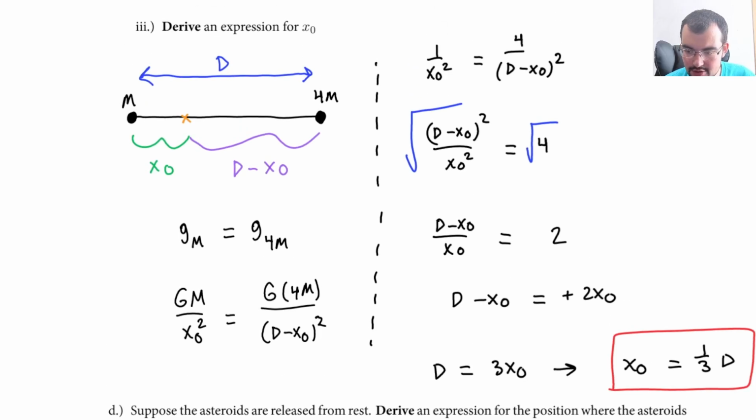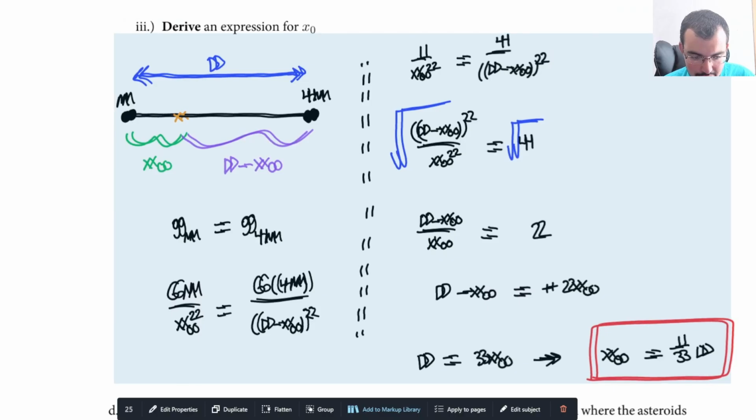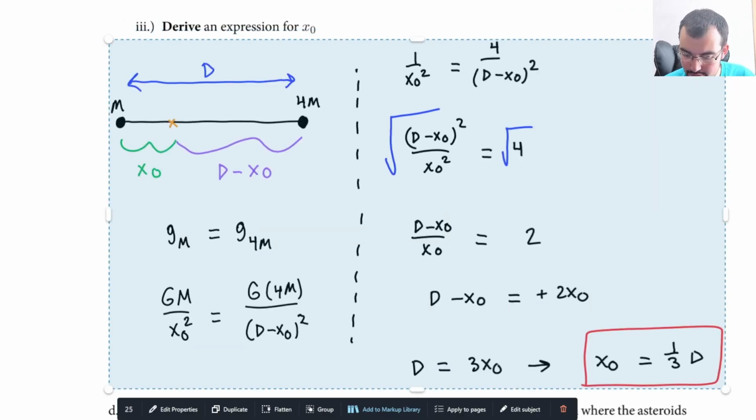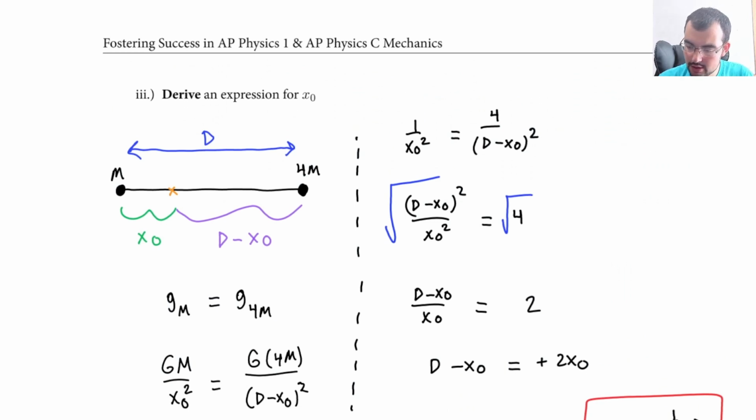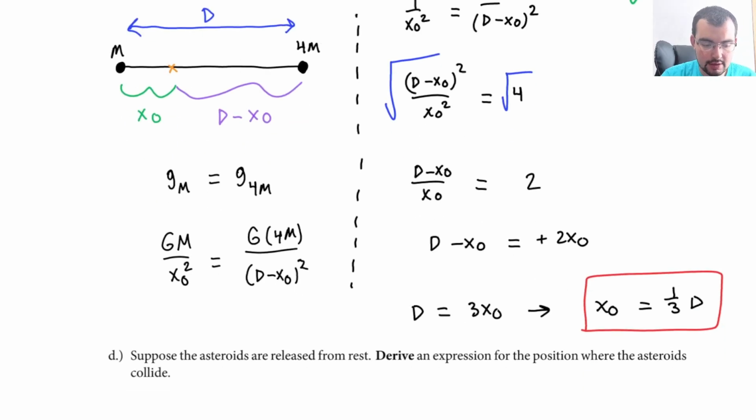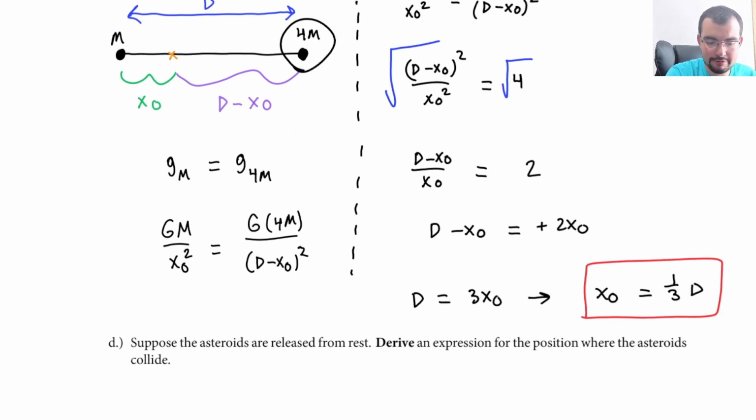So I said there's a clever ratio approach to this because that was a really ugly equation, but the answer we got was relatively simple, 1/3. So how could you have figured that out? Well, we know that g is proportional to the mass divided by the distance squared. Mass 2 had 4 times the mass as mass 1.